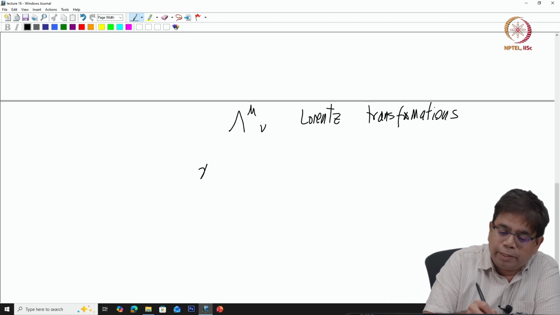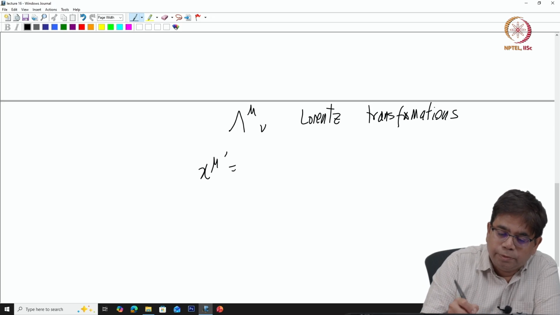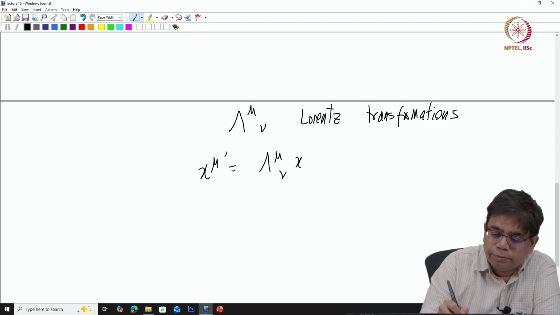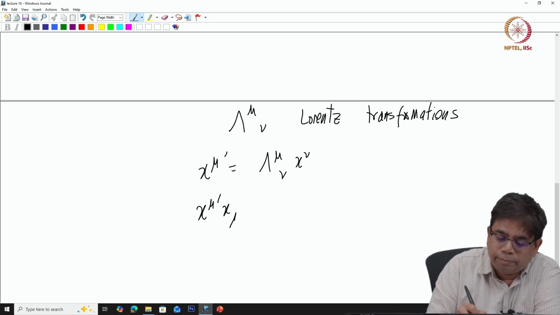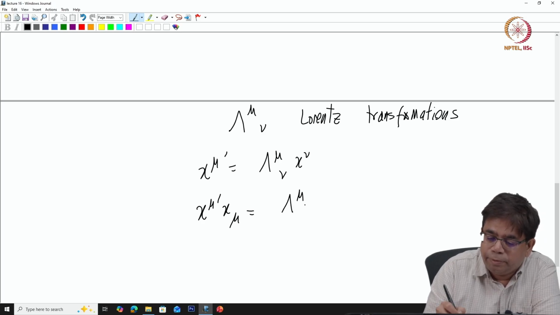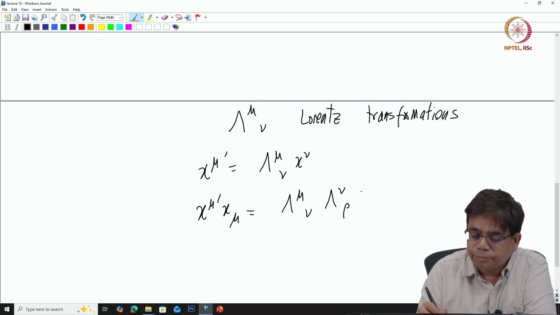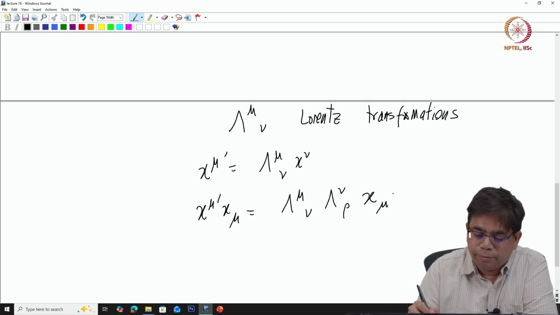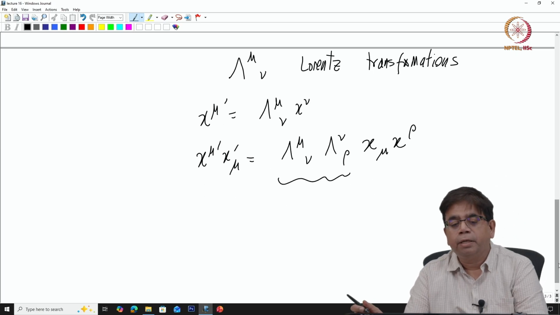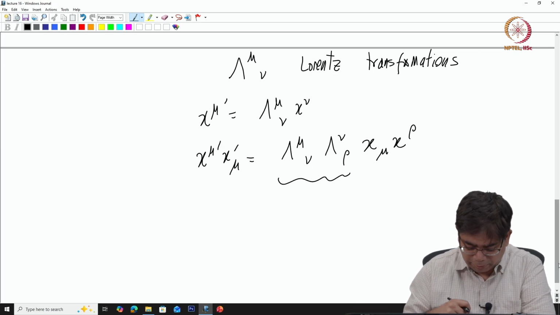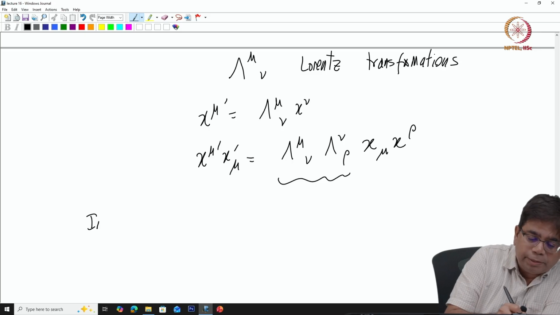So you have x mu prime equals lambda mu nu x nu, and then x mu prime x mu is equal to lambda mu nu lambda nu rho x mu x rho, and this puts conditions on the lambdas.